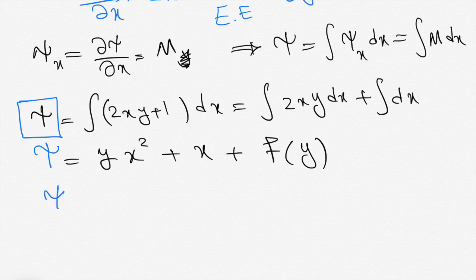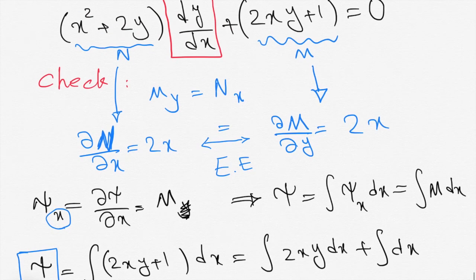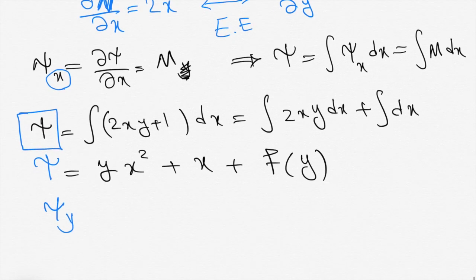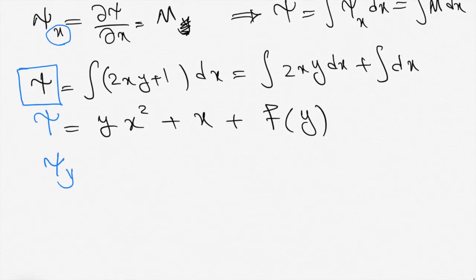Now, because we had the exact equation, we want to find the relationship with the n, which is here. Maybe you didn't remember.